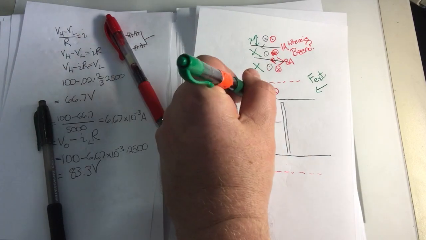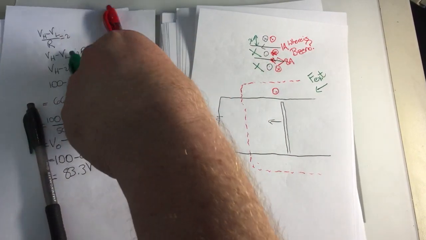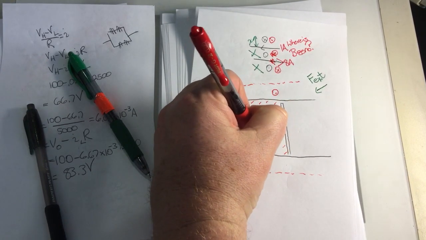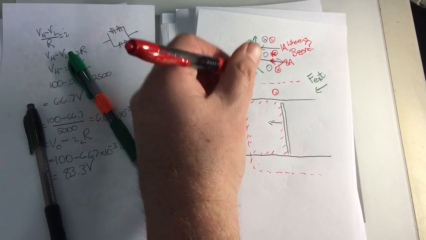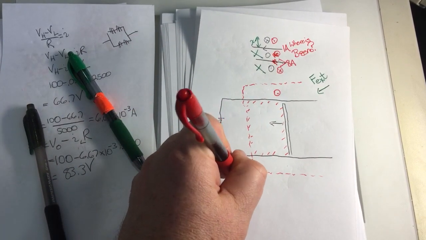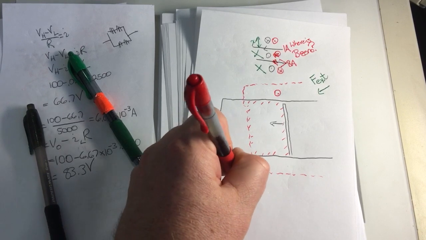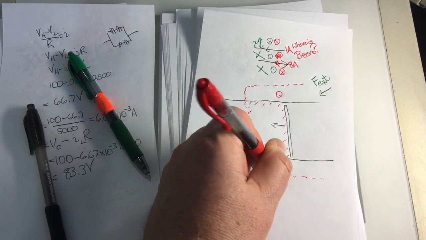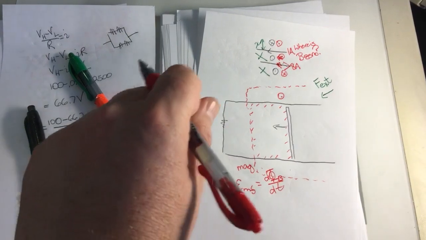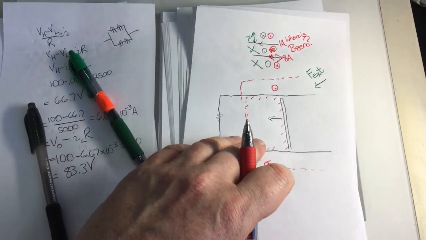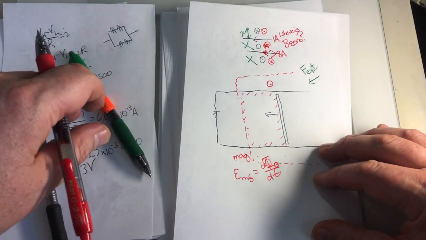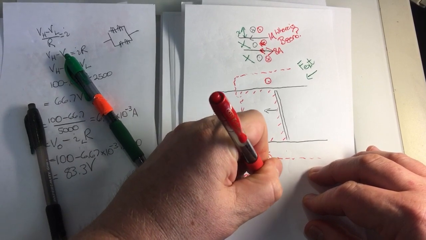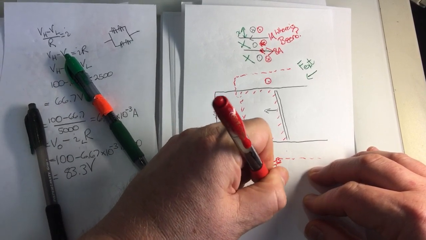The area is this, and Faraday's law says that the electromotive force, and I'm only going to deal with magnitudes at the moment, is d phi B dt. So this becomes B dA dt.